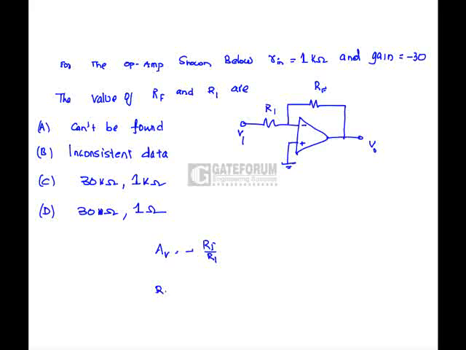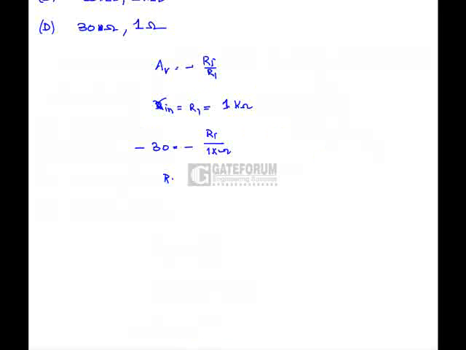Here R in is nothing but R1, which is given in the question itself, that is 1 kilo ohm. So 30 is equal to minus RF by 1 kilo ohm. So RF is going to be 30 kilo ohm, and R1 is 1 kilo ohm. Hence option C is correct.